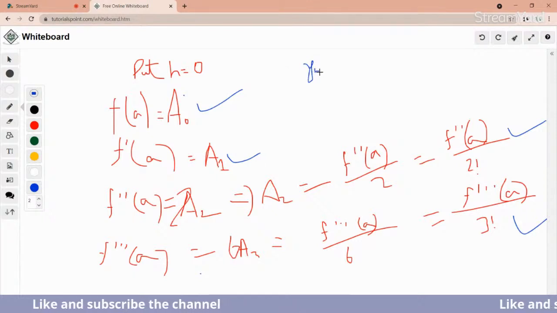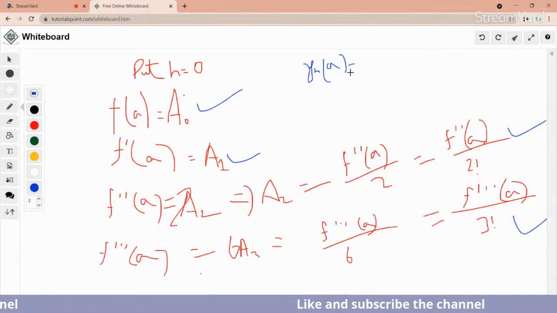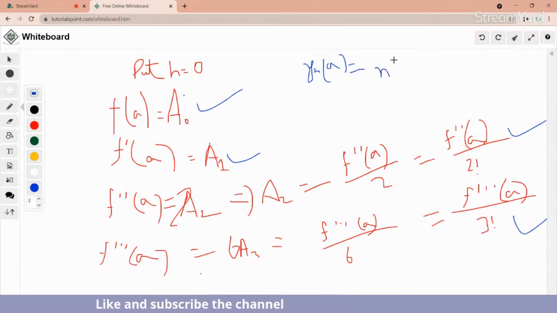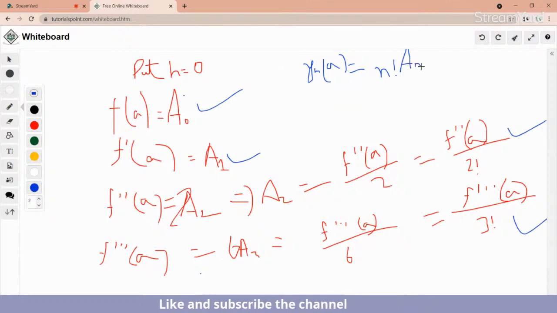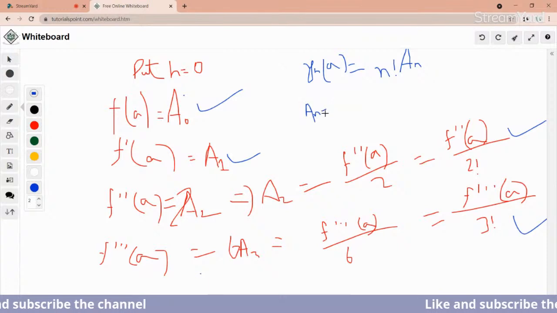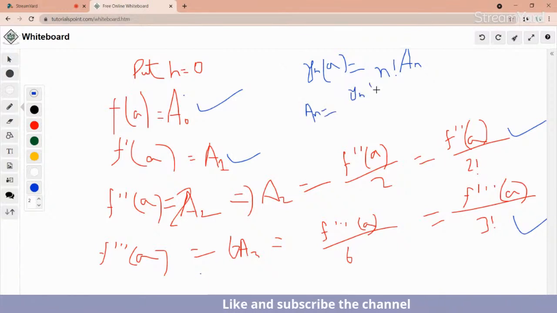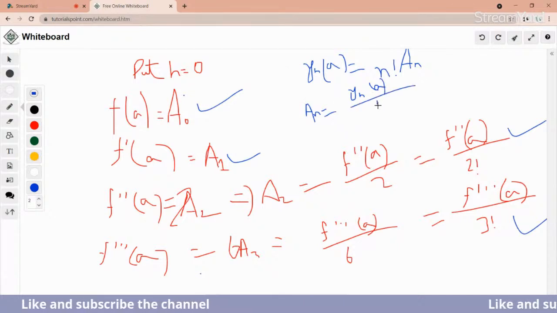Now if it is y n a, then the value will be n factorial an, and an will be equal to y n a by n factorial.